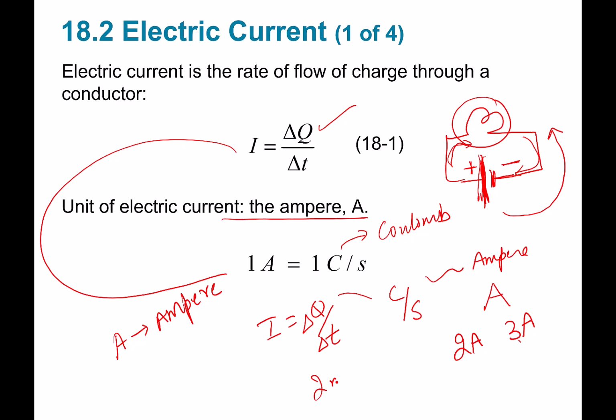Or 2 mA means 2 milliamp current. Or if you go to a further lesser value, 2 microamp, which will mean 2 × 10^-6 amp. Milli means 2 × 10^-3 amp. So make sure you know the difference between milli, micro, macro, giga, and nano.